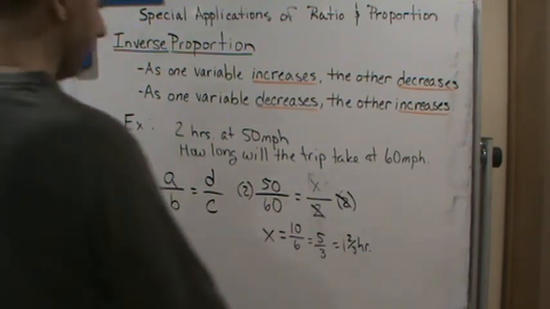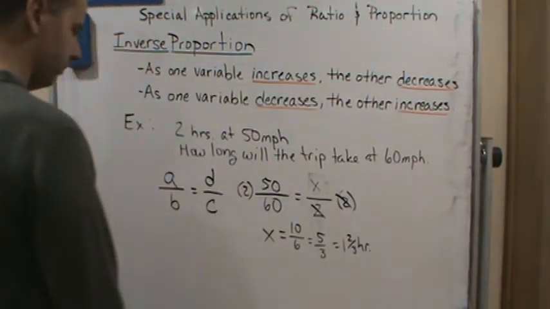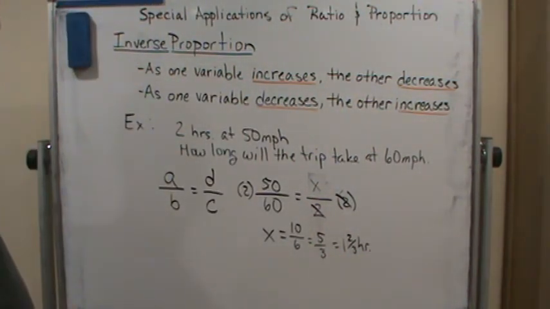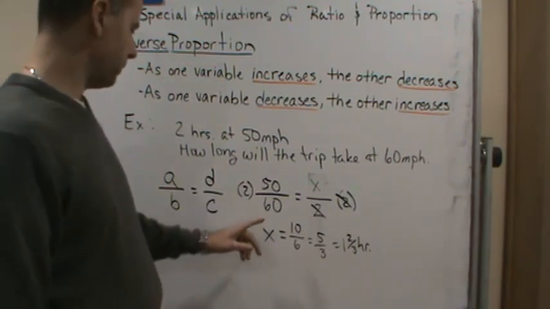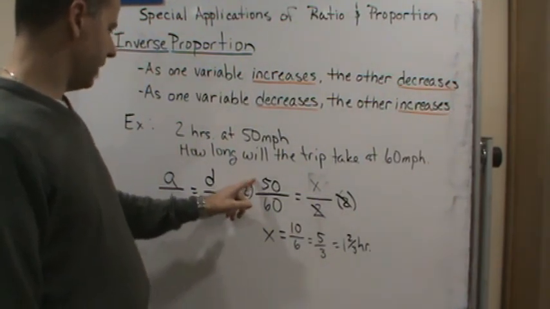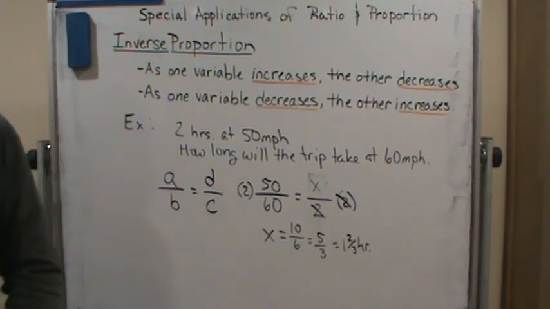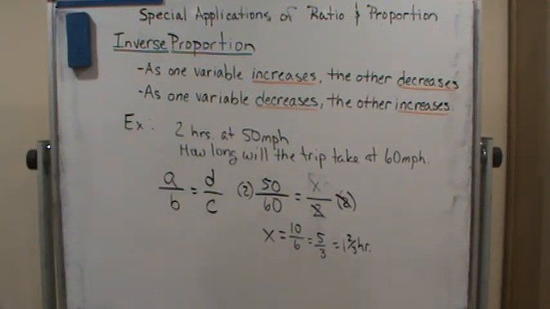Take 1 and 2/3 hours and multiply it by 60, and then take 50 times 2 hours and see if you get the same distance. You will. Have a great day.